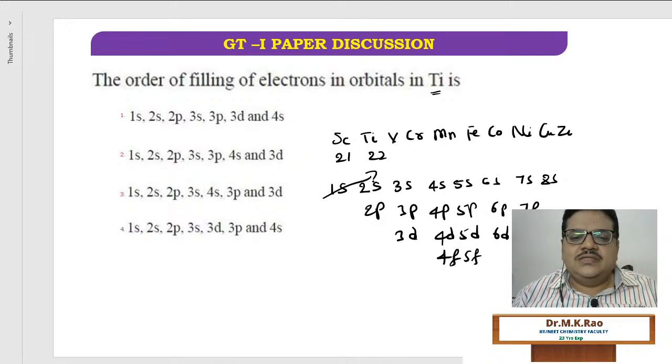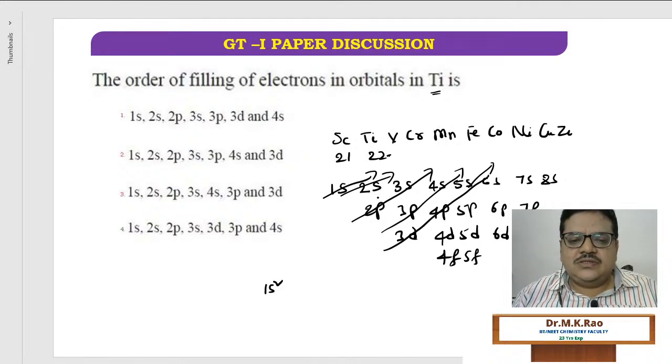Now this is the increasing order of their energy. So here we have to write titanium 22 as 1s2, next 2s2, 2p6, 3s2.